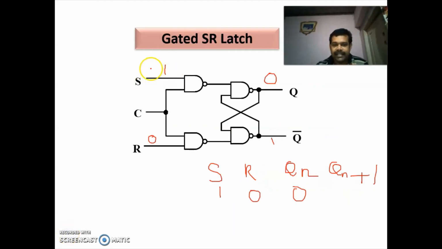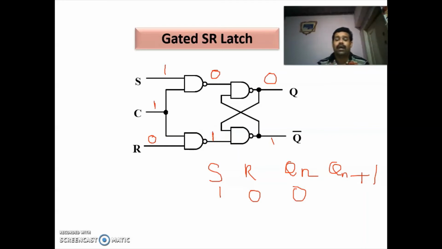Next we are taking S is equal to 1, R is equal to 0, and Q of n as 0. If Q of n is 0, then Q bar will be 1. So if C is 1 and both the inputs are 1, then the output of the NAND gate is 0. If one of the inputs is 0, then the output will be 1. Okay.